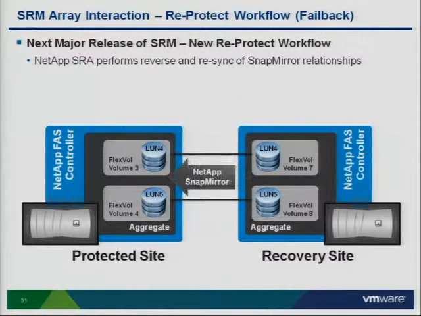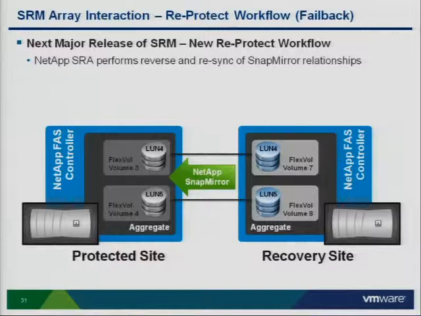What the Reprotect workflow will do is tell the SRA to reverse and resynchronize those NetApp SnapMirror relationships, so any changes you've made at the DR site since you failed over can be replicated back to the original primary site. As long as the disaster you recovered from did not destroy your storage, if you can reactivate the storage you had, then you don't have to resynchronize all the data.